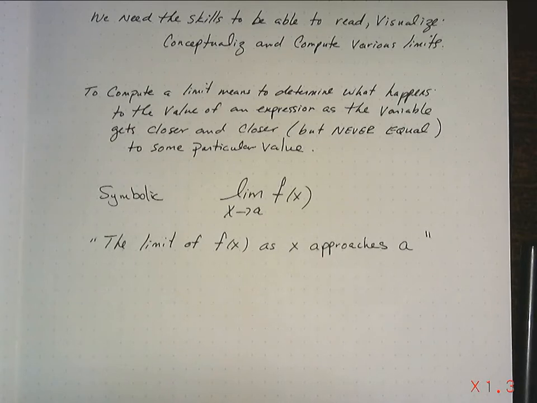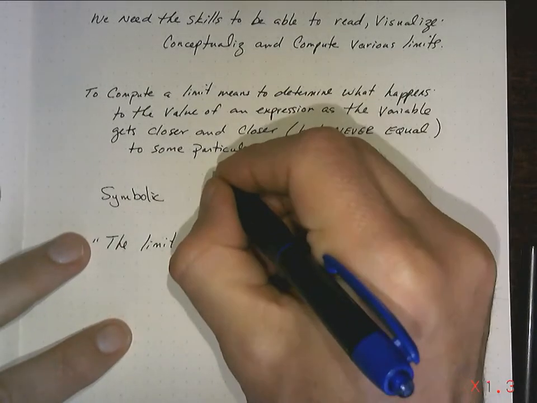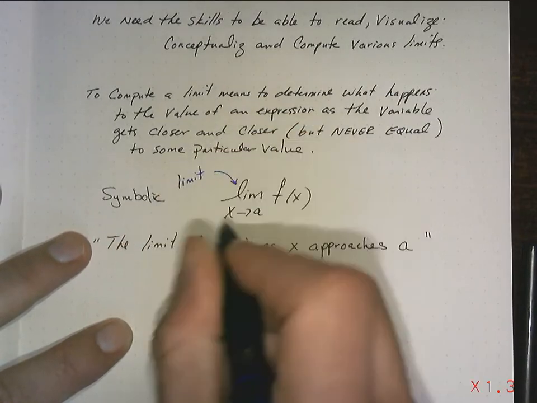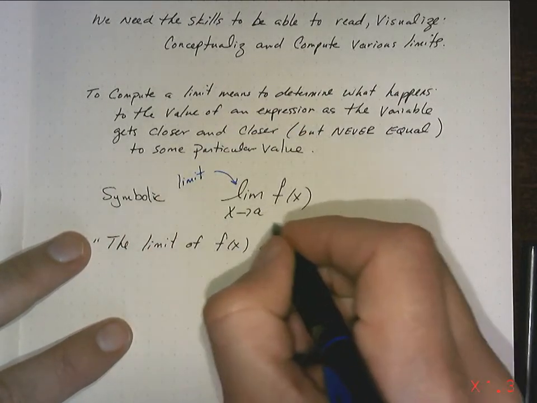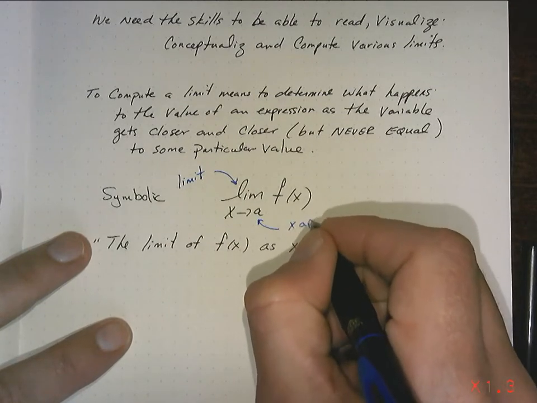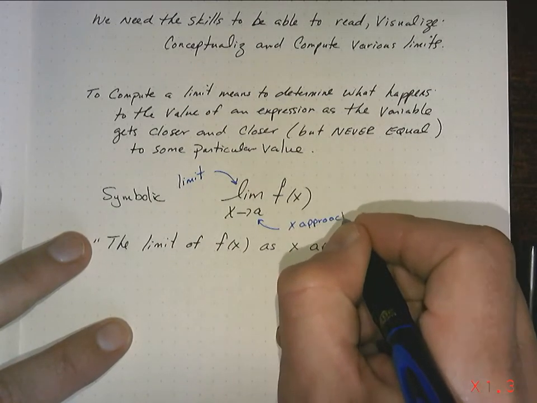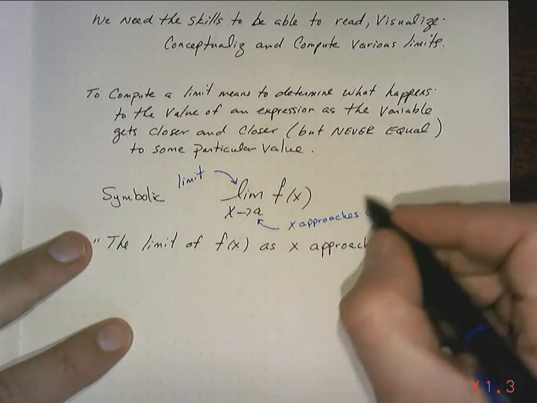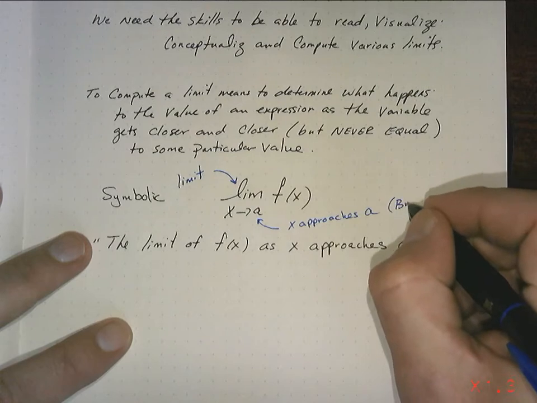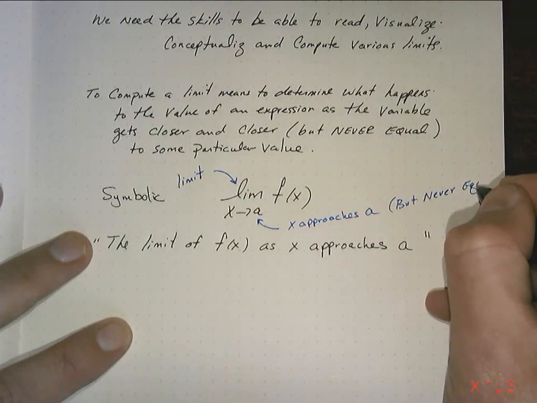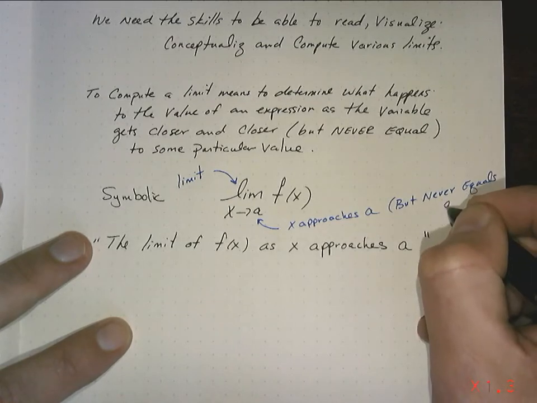So there's a couple of things to notice here. This part is what we call the limit. But a limit is nothing without this part, which says that the variable x approaches a. But remember, this concept of approaching includes but never equals a.